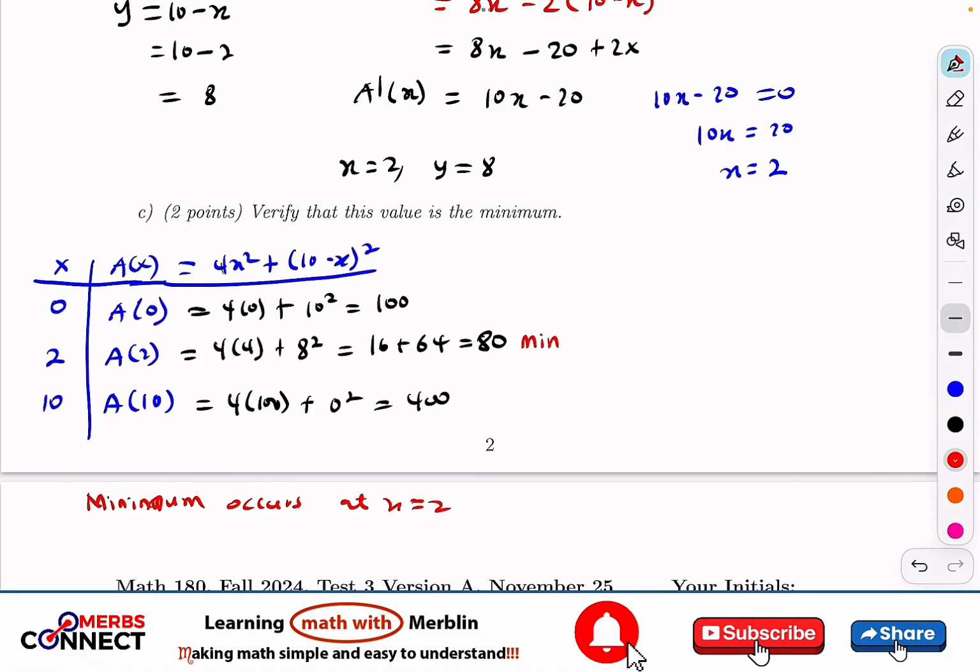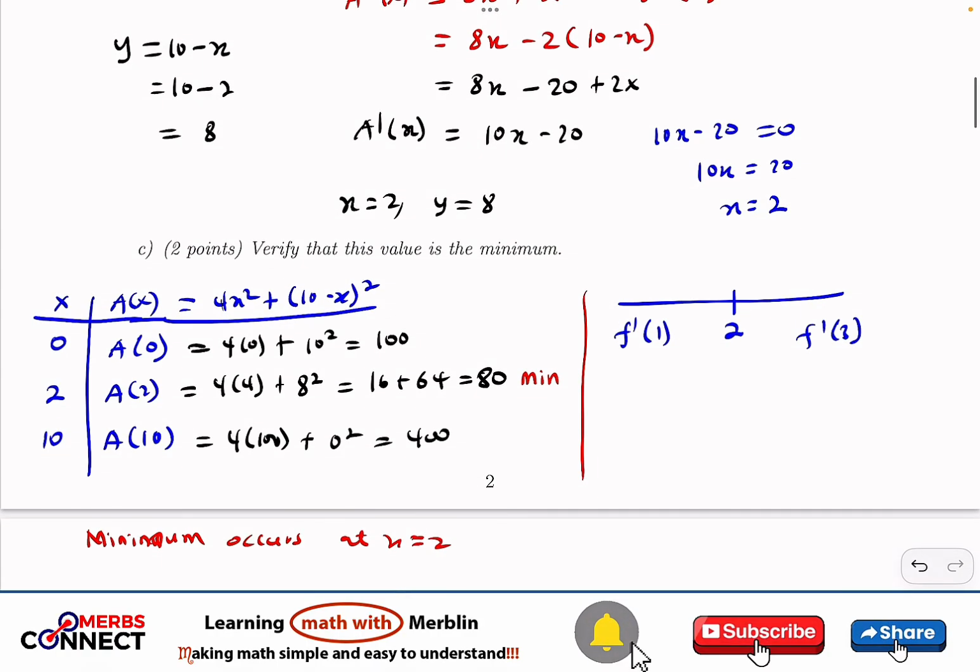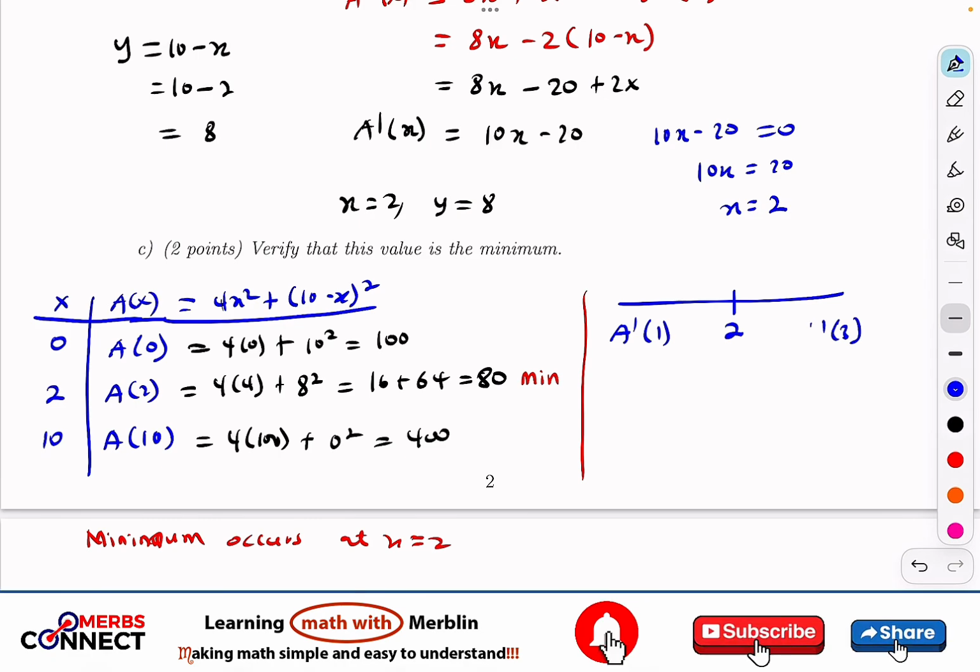So indeed, we've verified that. Now we can also use a sign chart for the first derivative. Remember, anytime you are using a sign chart, we need to use the first derivative. So I pick any value before 2 and any value after 2. So what is a prime of 1?